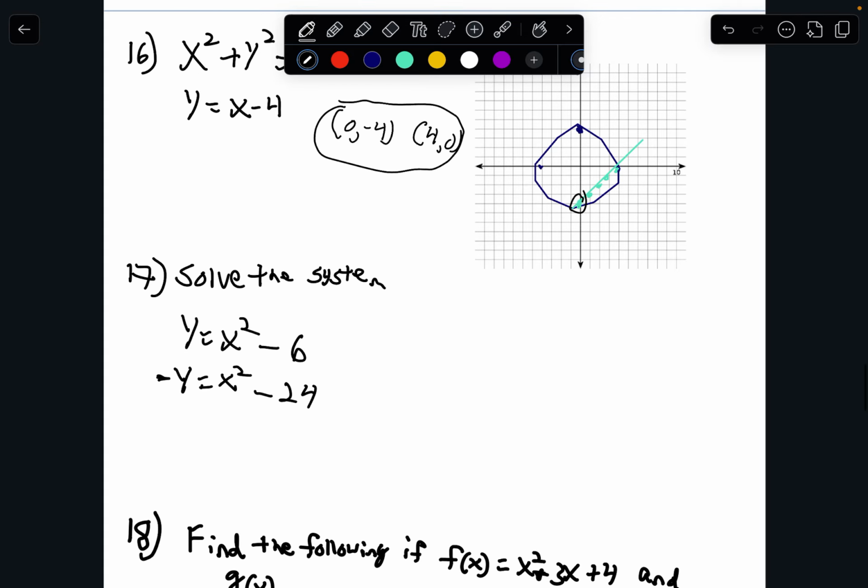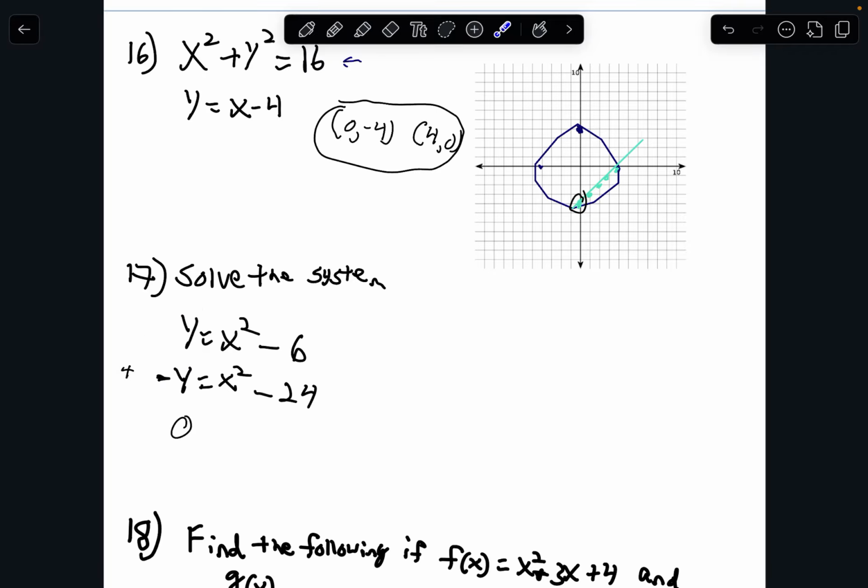All right, then it says solve the system. It's a quadratic. You can use substitution or elimination. I'm going to go ahead and do elimination. And because it's written in such a way, and you have this bottom equation being negative, we just add them, we get 0. Y plus a negative y is 0.